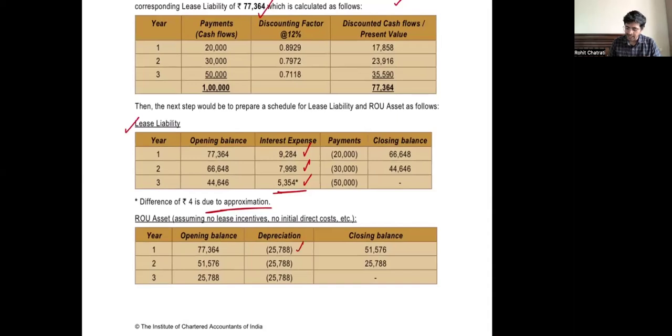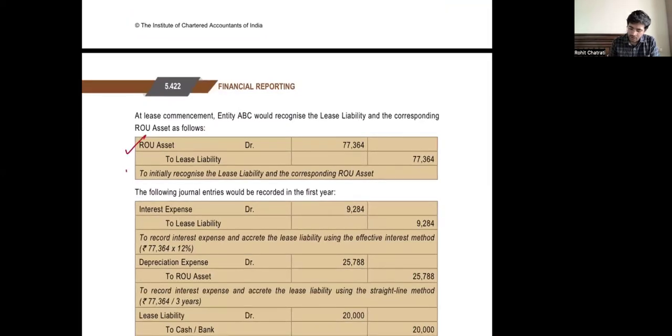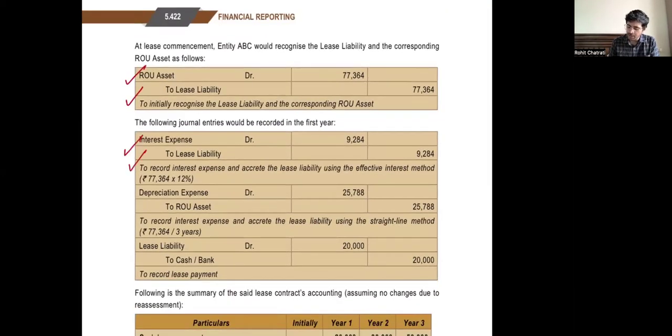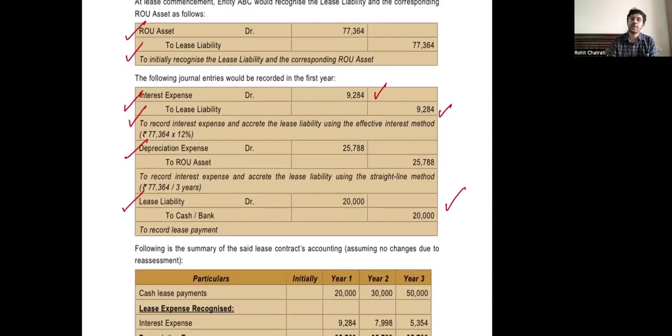For the ROU asset, we have depreciation of 25,000 equal every year, and the closing balance becomes zero for both ROU asset and lease liability schedule. They've plotted the journal entries as well: ROU debit to lease liability, interest expense debit to lease liability of 9,200, and then we've got depreciation to ROU asset and lease liability to bank of 20,000.